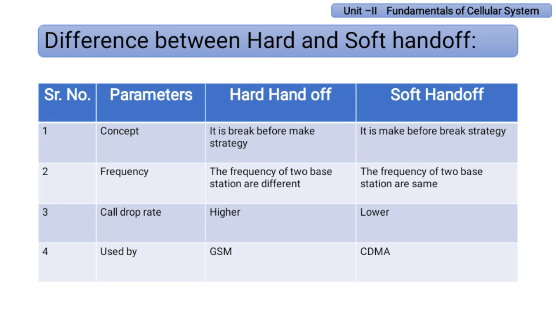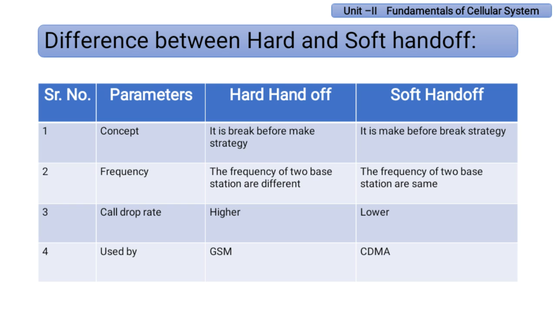Next is the difference between hard and soft handoff. We already saw the total description of all the types of handoffs, but some differences are very important from the exam point of view. We already know what hard handoff and soft handoff are, how and where they are used.